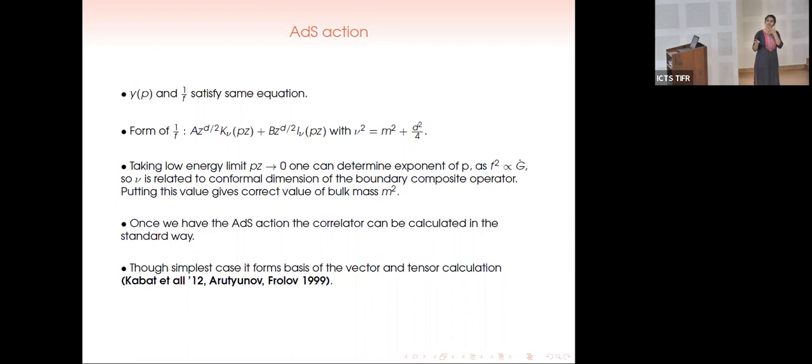Yes, it should just be a property of whatever the operator is in the original theory. So that is the question I have also. Why is there this new freedom?